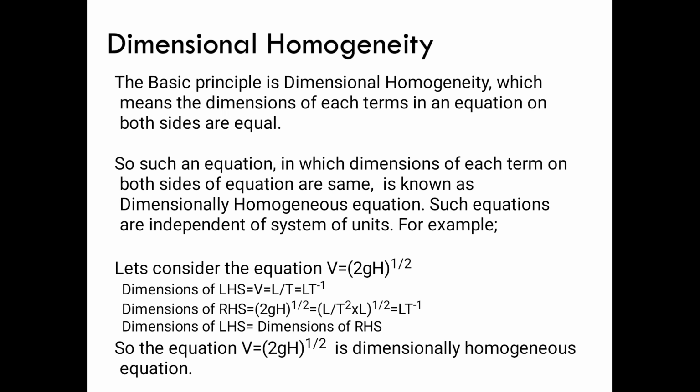Then considering the dimensions of the RHS part, that is root of 2gh, on calculating, we get LT power minus 1. We can see that the dimensions of the LHS part are equal to the dimensions of the RHS part, which is LT power minus 1. Therefore, we can say that the equation V is equal to root of 2gh is dimensionally homogeneous. So, it can be used in any system of units.